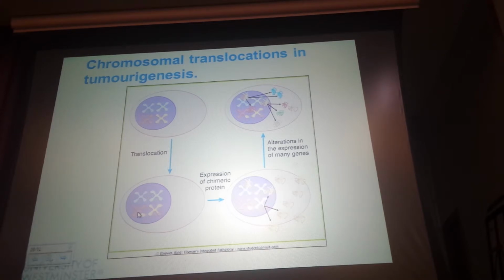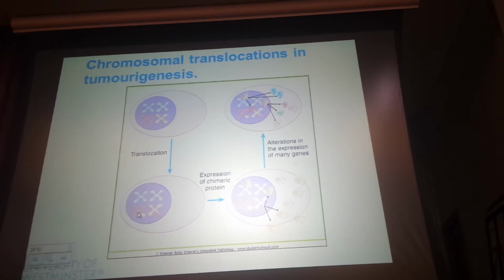So you have your cell, and you see you have the red chromosome that has exchanged some genetic material with the yellow chromosome. And that gives rise to a chimeric protein or a fusion protein that will have part of the yellow and the red. And this new protein, because it's basically a new protein, will alter the gene expression of lots of other genes.